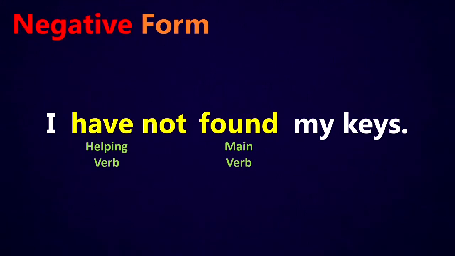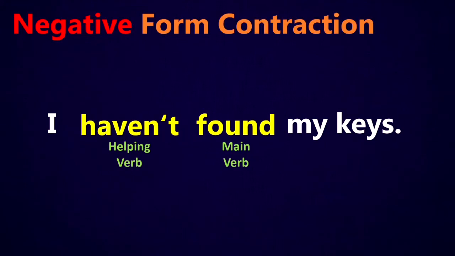If we want to make it negative, we simply add not in between the helping verb and the main verb. So I have not found my keys, but most often the negative form will be a contraction. So I haven't found my keys. So in the contraction, we have connected the helping verb and the word not together. We've also got another choice here.